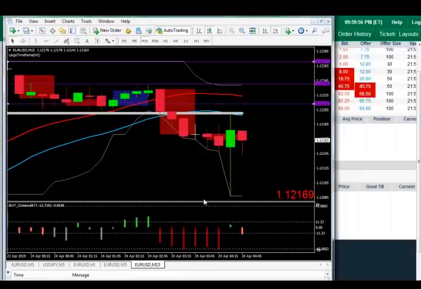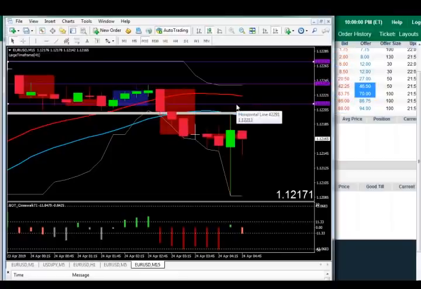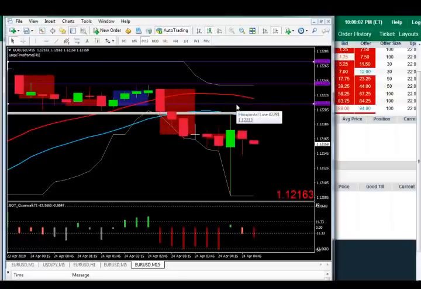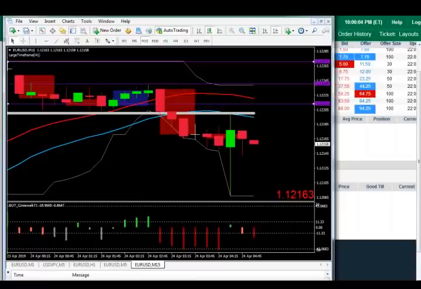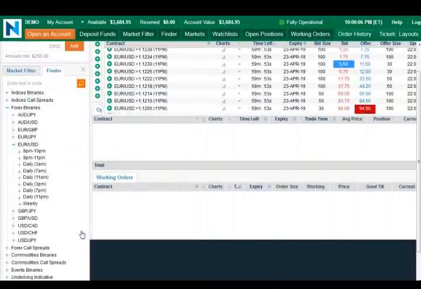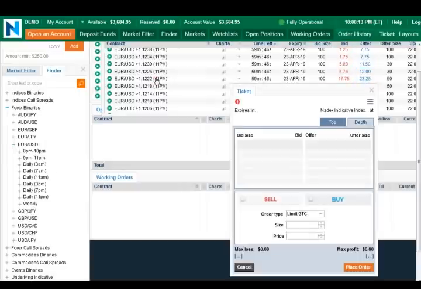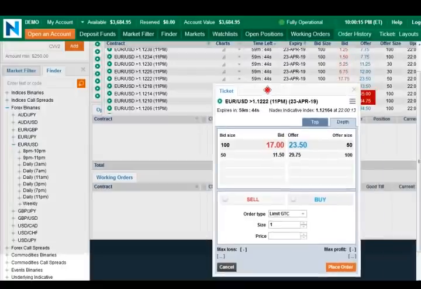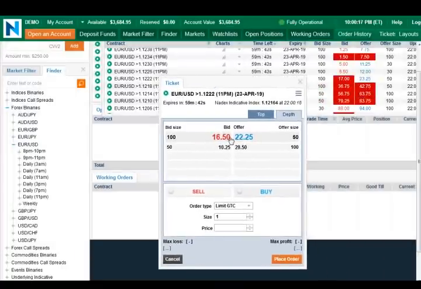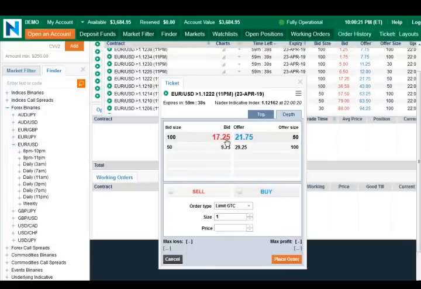Exactly, right there. That's because I'm trying to cover the difference between my broker and this live account and the exchange over here, which is Nadex. That's going to be 1.22.